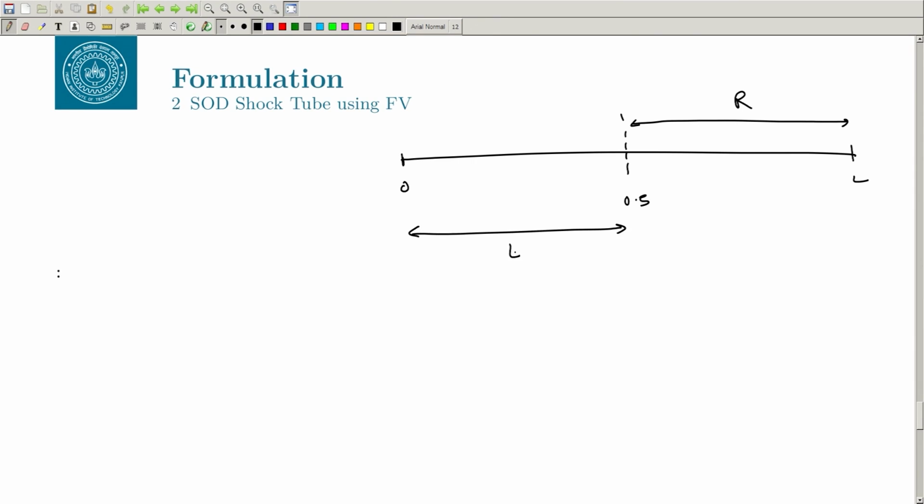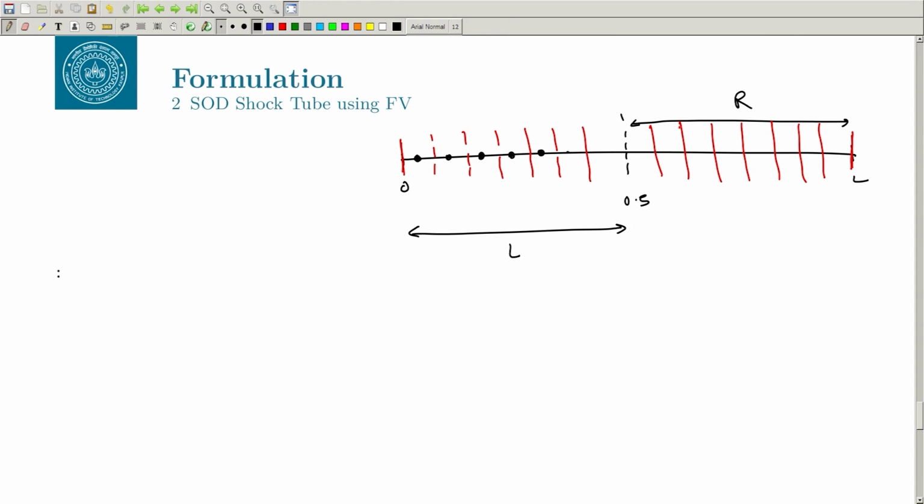We will be using the cell centered finite volume, not the vertex centered. Let me mark this as my boundary and this as my boundary. I will divide the domain into many different parts. These are my cells, and on these cells we have the cell centers.